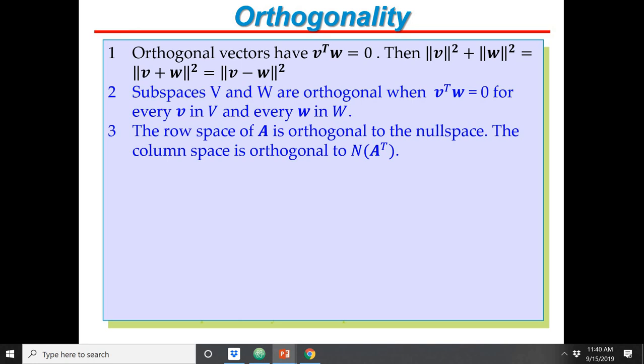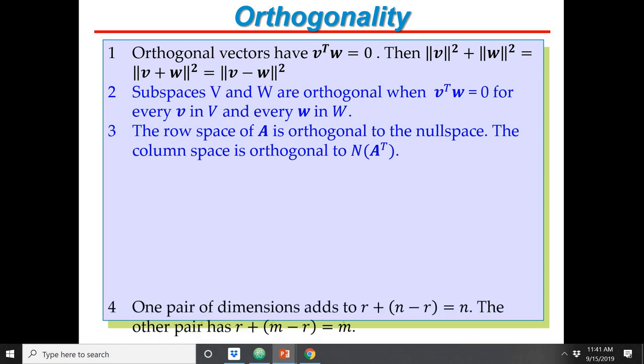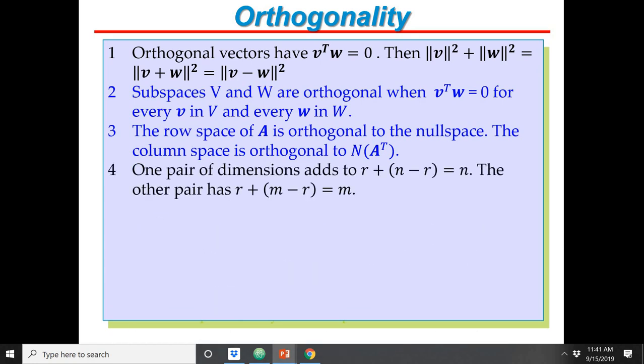So we have the null space and the row space being orthogonal, and then we have the column space and the left null space being orthogonal. Not only are we going to prove that these two pairs of subspaces of Rn and Rm are orthogonal, but we're going to prove that they are what we call orthogonal complements, that their dimensionalities match.